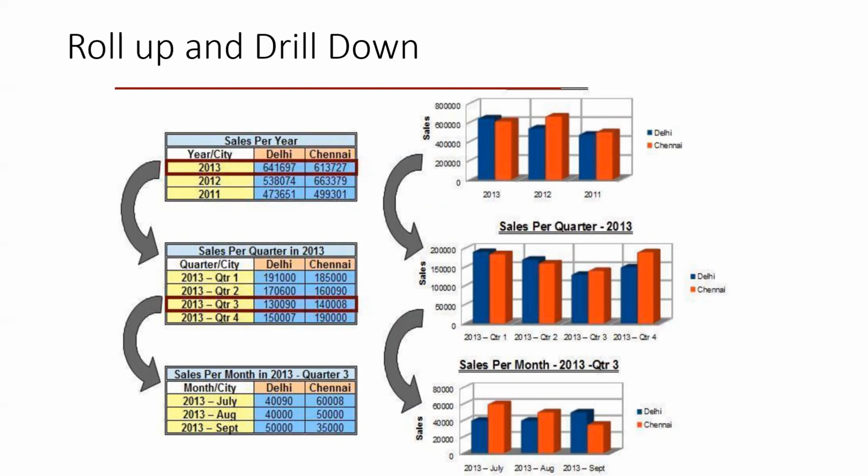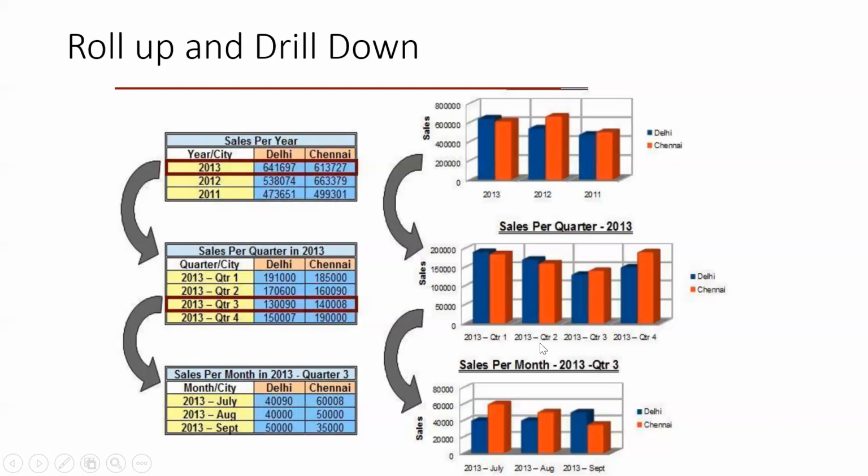You can see when we are drilling it down, in the second chart, suppose we click on 2013, there should be a hyperlink. Then only the 2013 quarters should be available over there. So we are drilling it down. The same thing should appear over here. Then again we click on quarter one or quarter three, and it should show the monthly drill down.